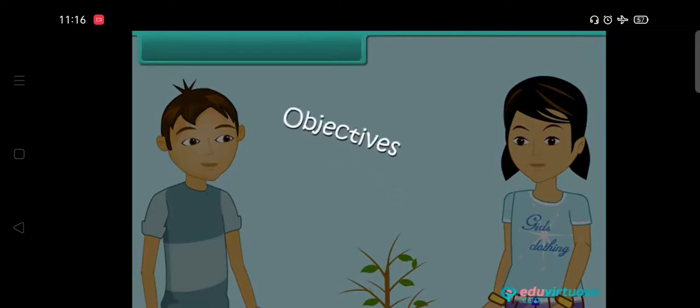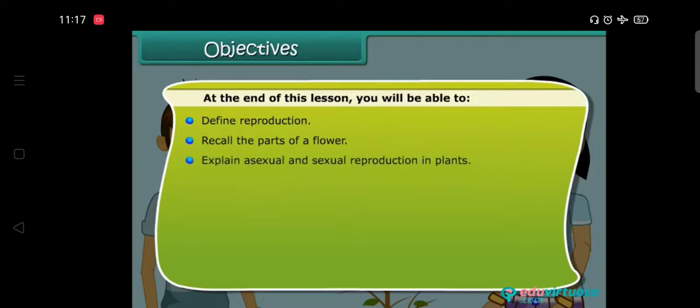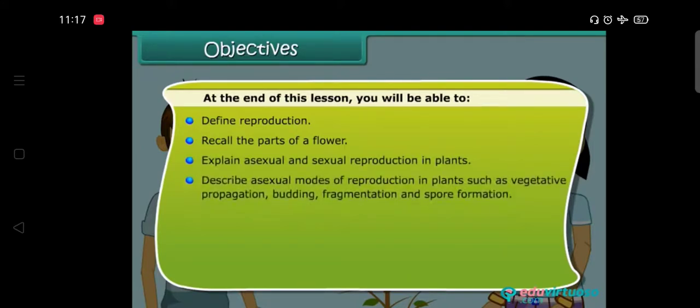Objectives. At the end of this lesson, you'll be able to define reproduction, recall the parts of a flower, explain asexual and sexual reproduction in plants, describe asexual modes of reproduction in plants such as vegetative propagation, budding, fragmentation, and spore formation.